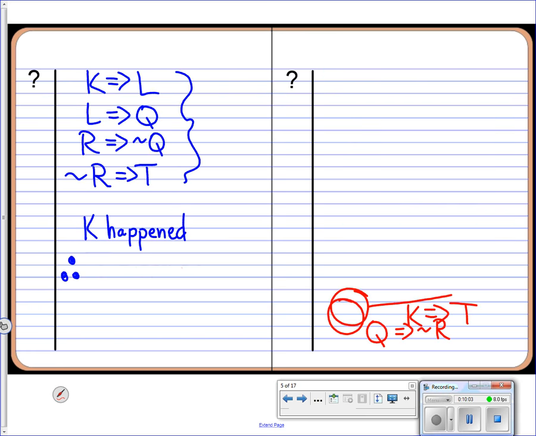Now let's take a look at this problem. It's a little bit more complicated. I walk up to the problem, and first of all, it's telling me something happened. So I know that the law of detachment is going to be something I can apply here. So first of all, I have a series of things. I'm going to see if they line up. So the second and the first line up in that one. But take a look at the next set. There's no Q here. So let's talk about this one.